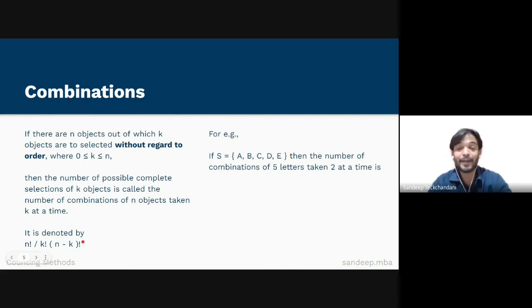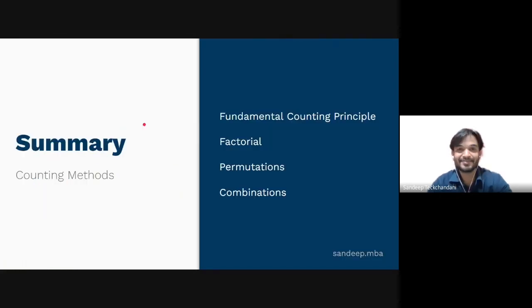So if I apply this formula, I will get 5 factorial upon 2 factorial times 3 factorial. 5 factorial is 120, 2 factorial is 2 and 3 factorial is 6. Therefore, 120 upon 2 times 6 equals 10.